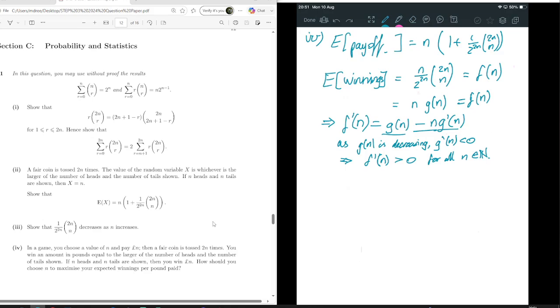And I'm pausing here because this seems to imply that we should pick n as large as possible. The expected payout is increasing as you put more money into this game. You get a better and better expected amount out. So that's your final answer. Pick n as large as possible.